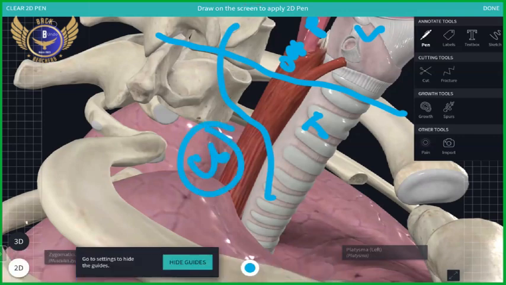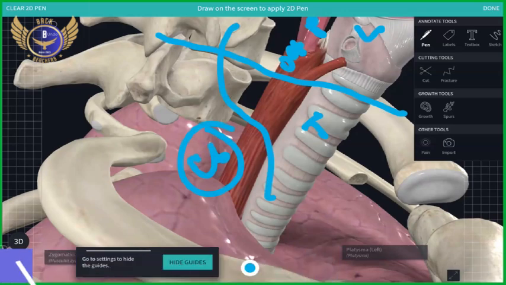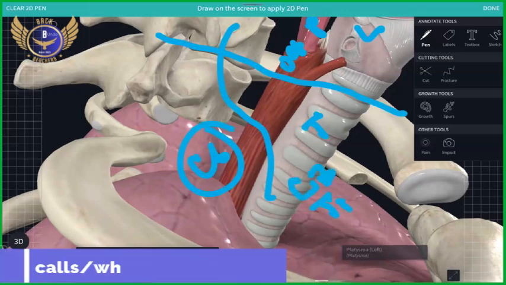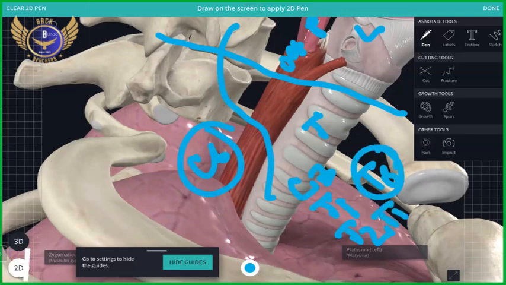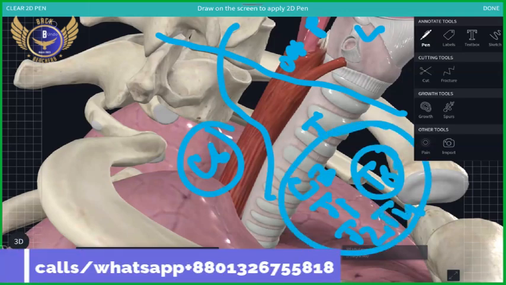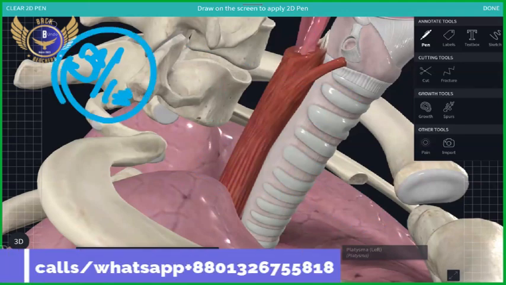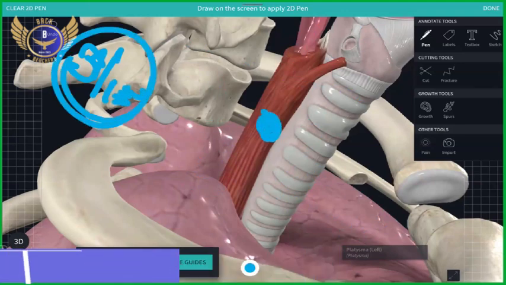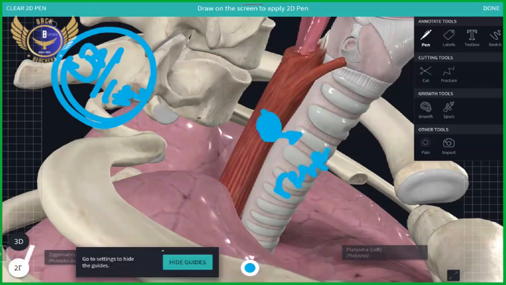So three very important pieces of information. After C6, we have C7, T1, T2, T3. Remember, up to T4. From C7 to T4, any tumor, any mass will compress the trachea and cause respiration problems.